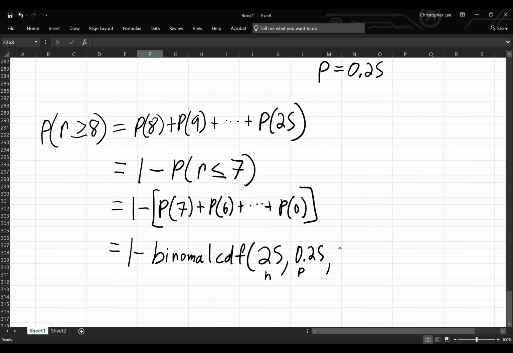And my r in this case is 7. So that means I'm going to take all the numbers from 7 down. I'm going to add them together. So 7, 6, 5, 4, 3, 2, 1, 0. I'm going to add all those probabilities together to get this answer, right? But I'm not really interested in the less than. I'm interested in the greater than. So I have to do the complement by doing this 1 minus right here.